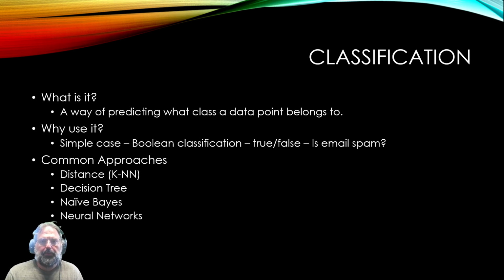Anyway, there are common approaches to addressing it, and it may be that it's around distance. So how close are the things in some measured space? That space may be n-dimensional, meaning that it's not just in 2 or 3 dimensions, but it could be any number of dimensions. We also use things like decision trees to make an attempt to determine what class something belongs to.